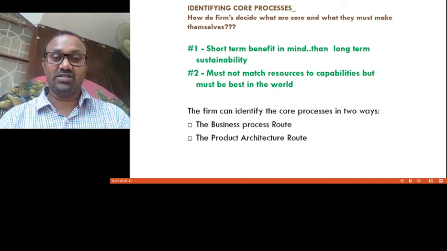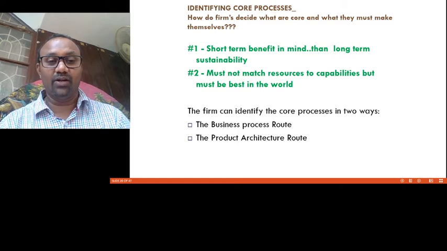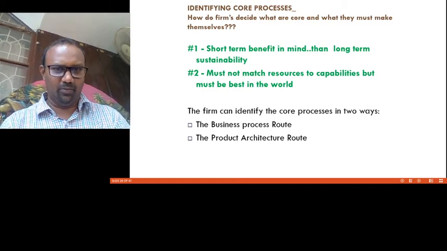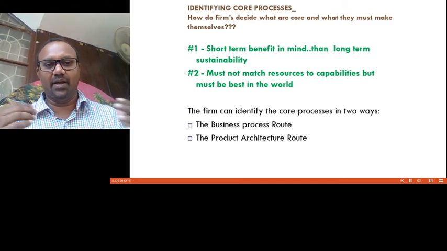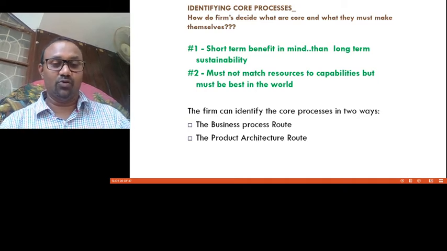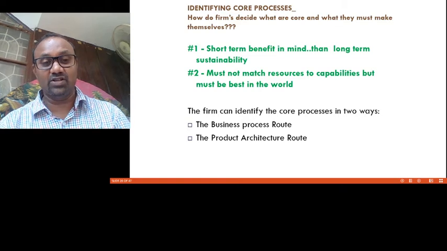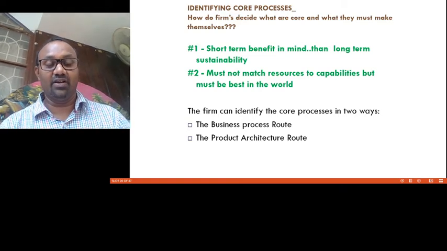That is very important. Not just somebody who's going to be willing to make a product or a component for you and help you to overcome a particular problem or a glitch that you have in your production and manufacturing process, but you must be able to sign up a vendor who's the best in the world or best in class, and that is when you will be able to accrue the advantage.